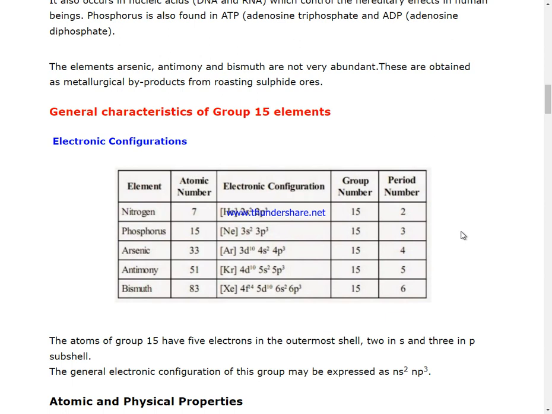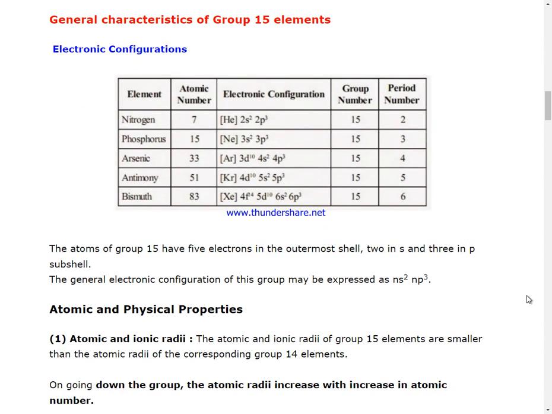Bismuth, atomic number 83, xenon 4f14 5d10 6s2 6p3, group 15, period 6. The atoms of group 15 have 5 electrons in the outermost shell, 2 in the s and 3 in the p subshell. The general electronic configuration of this group may be expressed as ns2 np3.